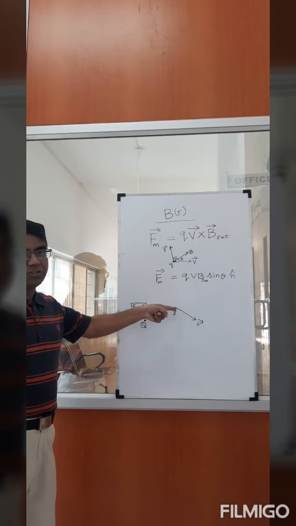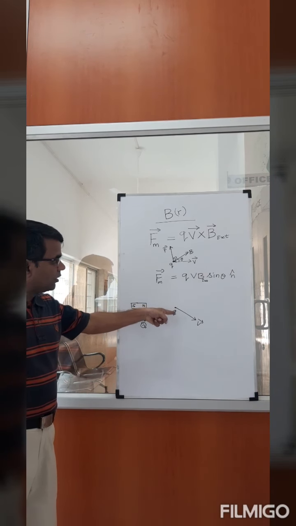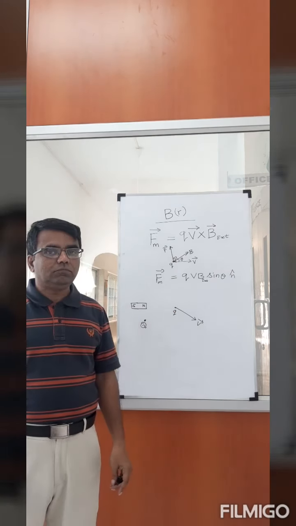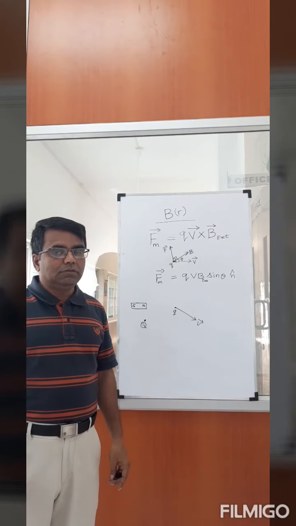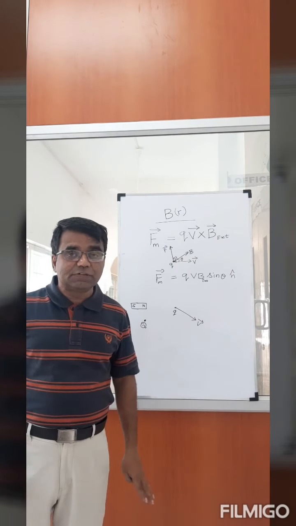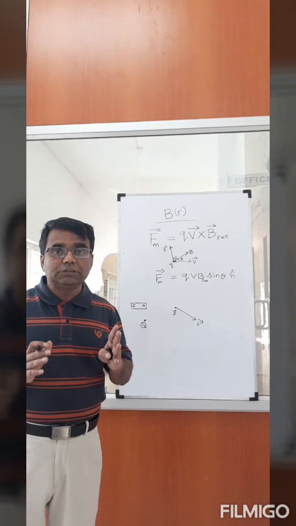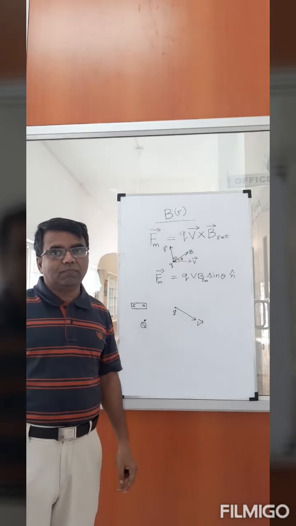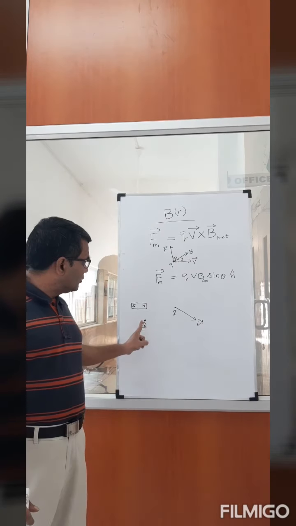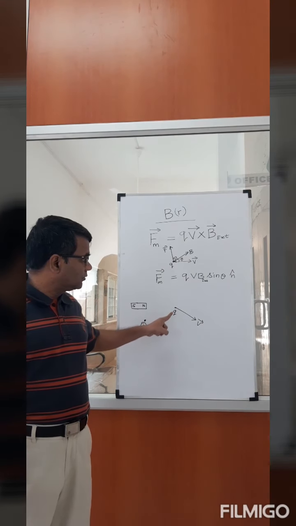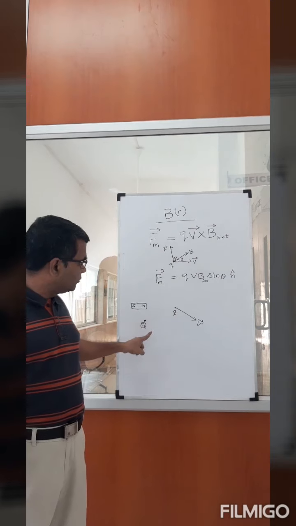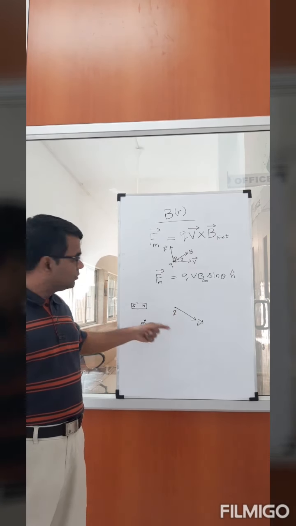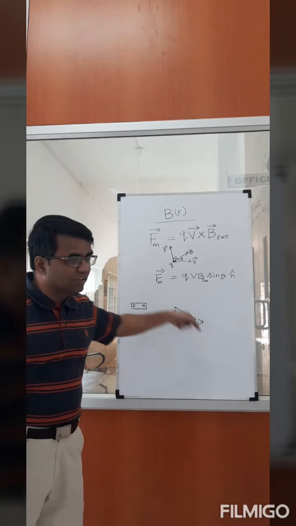Now, what will happen to this charge, small q, which is moving with a velocity v? Well, it's going to experience force due to both of them. There will be an electrostatic force due to Q, and there is a magnetic force due to this magnet, because this is a moving charge.